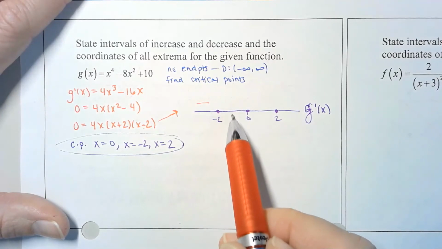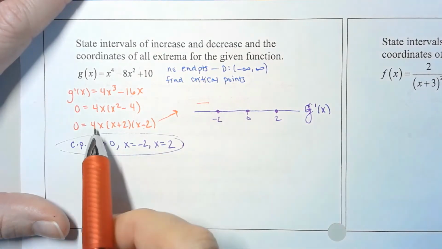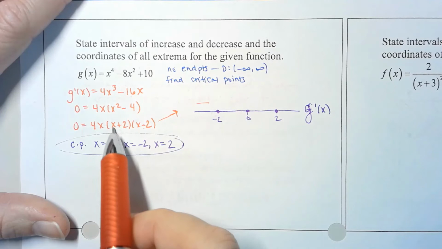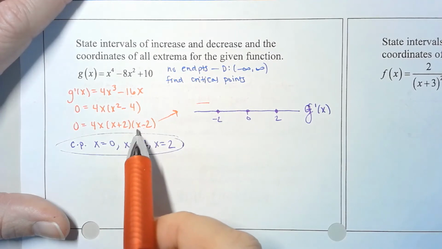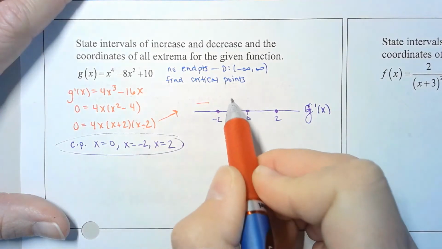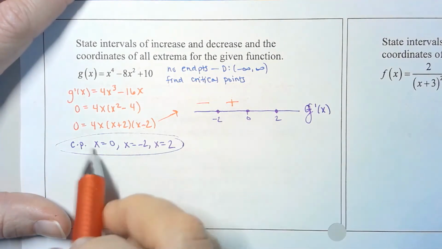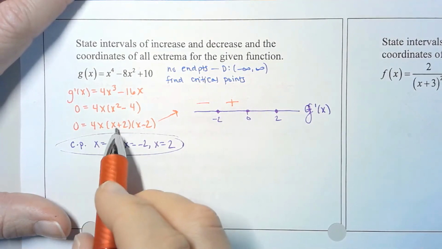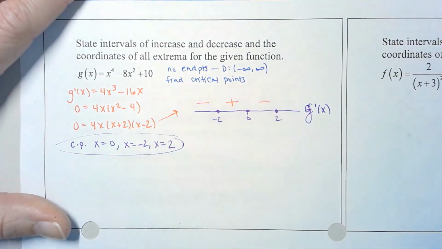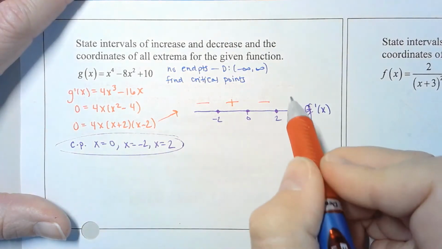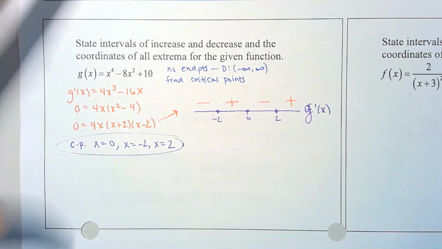Then I'm going to pick a negative 1 somewhere between here. This will be negative, this will be positive, this will be negative. The two negatives multiply into be a positive. If I plug in a positive 1, I get a positive times a negative. And if I plug in a 3, we get positives all the way across.